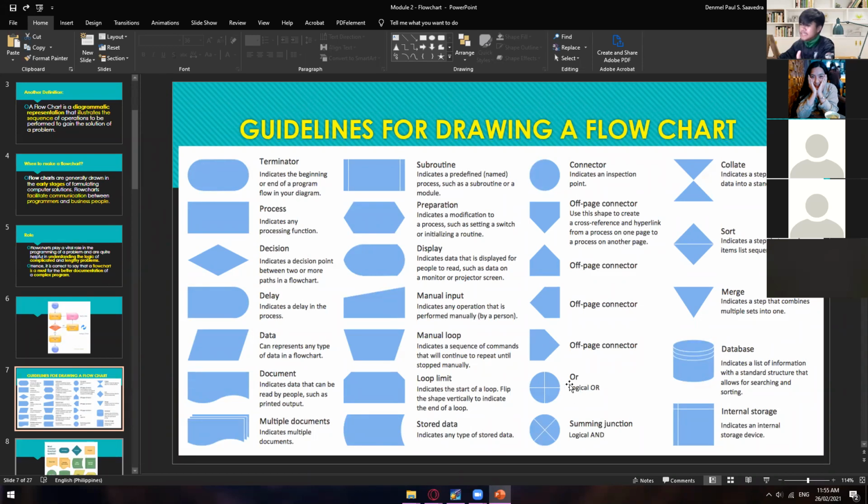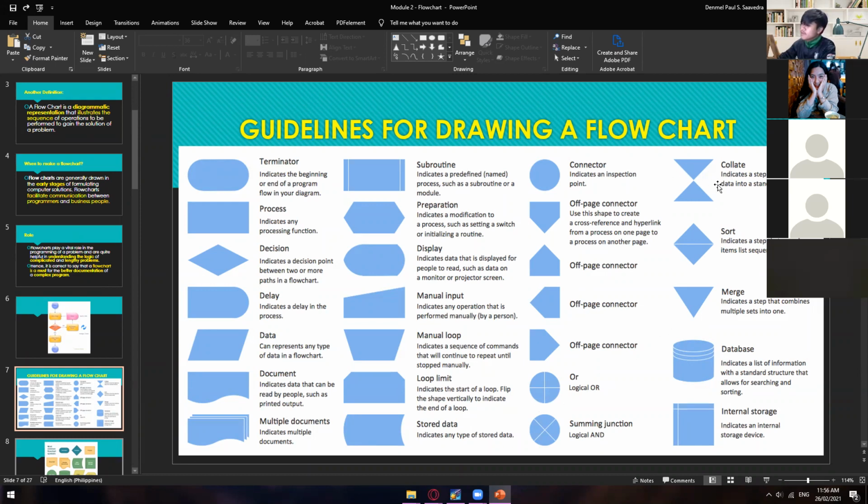And then we have here the OR, and then we have summing junction. Those two are okay with input data, especially if we have numbers. So you might be going to use this one or logical AND. They are also okay with, let's say, situationals, but in most cases they are used for integers or numbers.